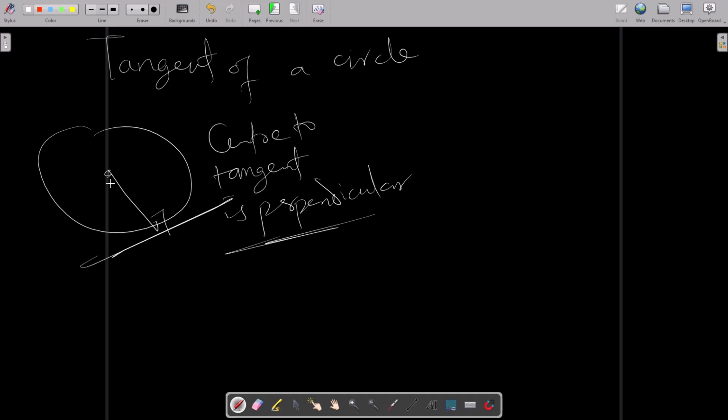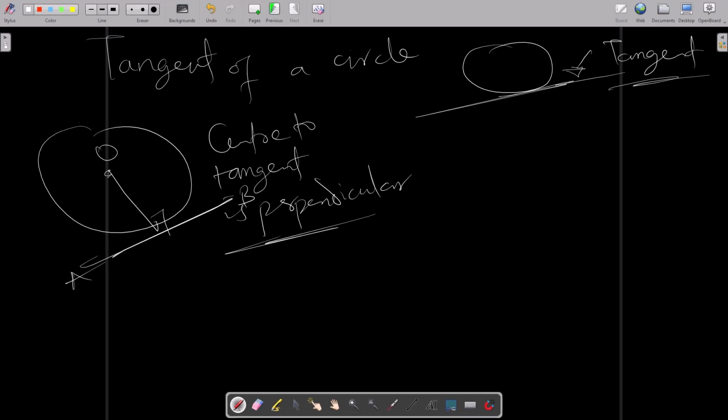That means 90. Center O to any tangent is 90. Now a tangent is a line that's drawn outside the circumference and touches the circumference perfectly. So this right here is a tangent. Okay, right. So we have something like this.